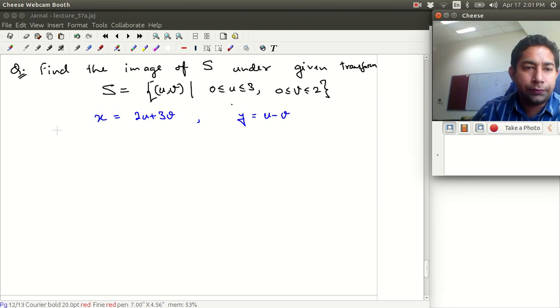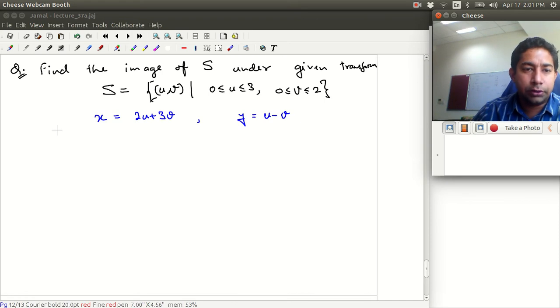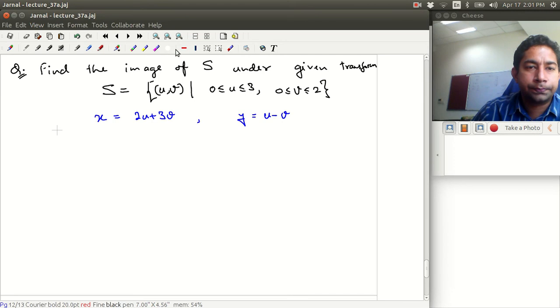Let me be more specific. What you have is two sets of variables, u and v and x and y. So what you need to do is make two sets of axes, the uv axes and the xy axes. So let's do that.